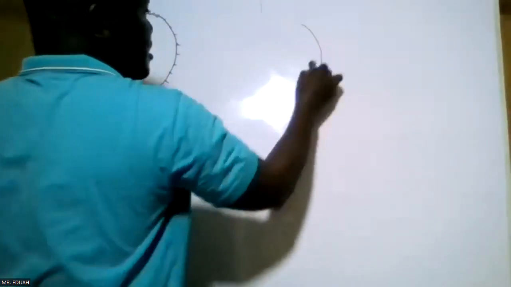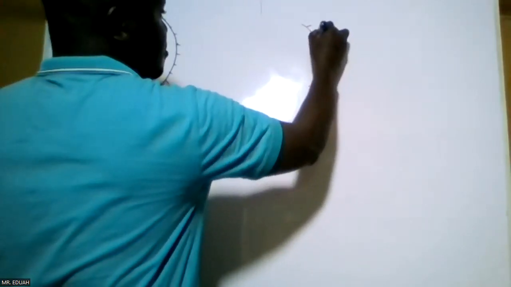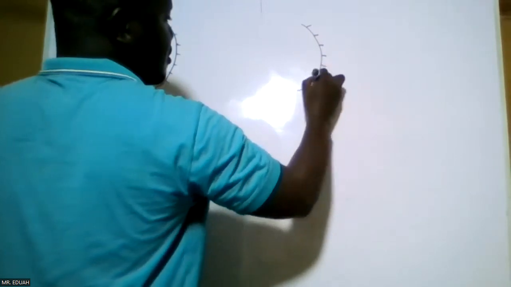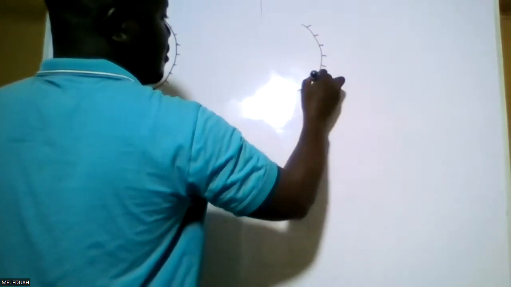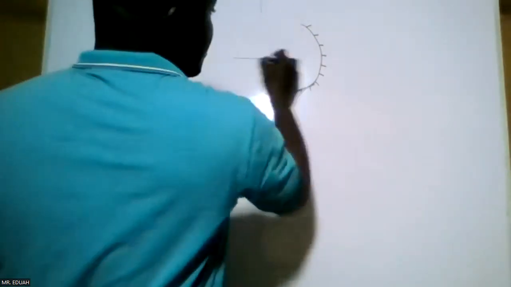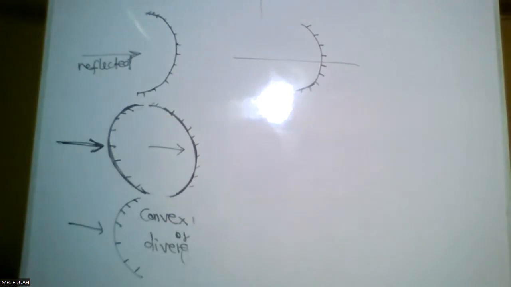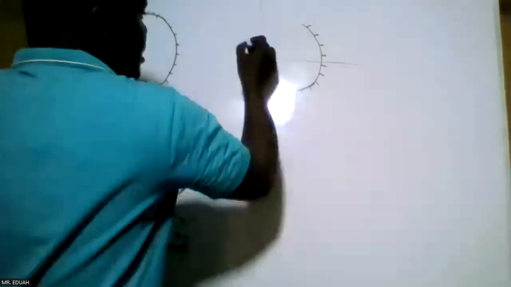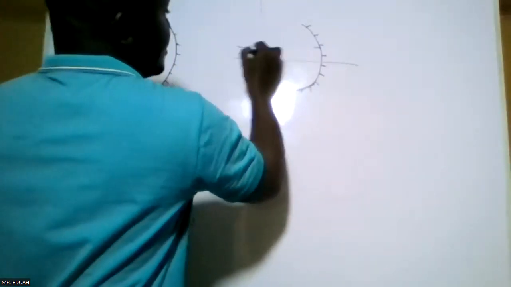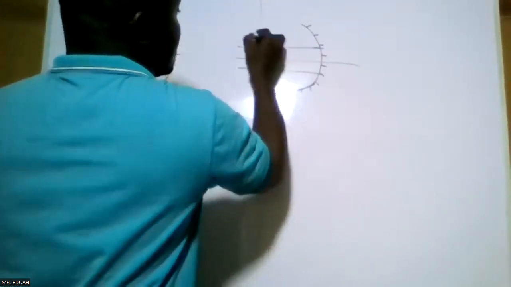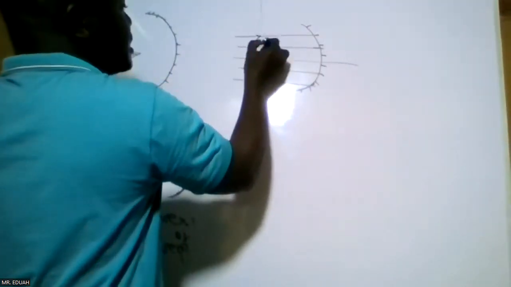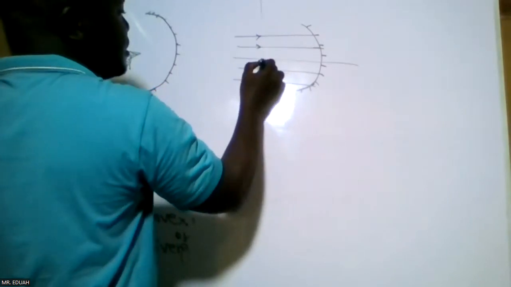If this is a convergent mirror, when you incident rays that are parallel, that are hitting the mirror in that parallel manner, these are rays, so the arrows.